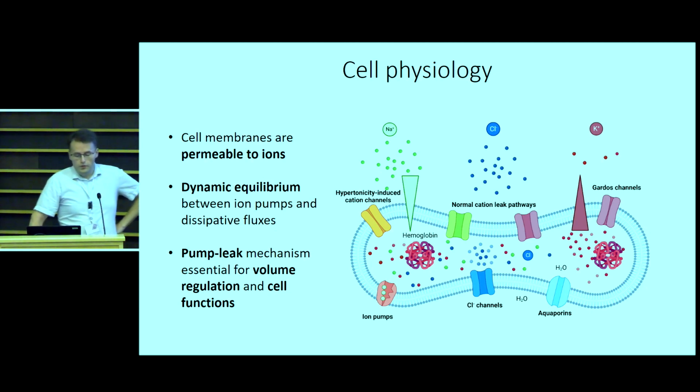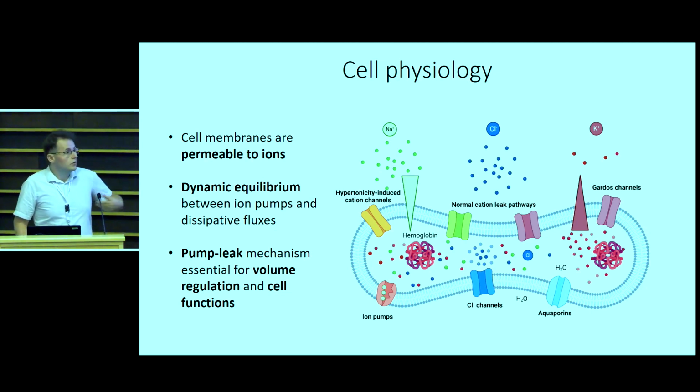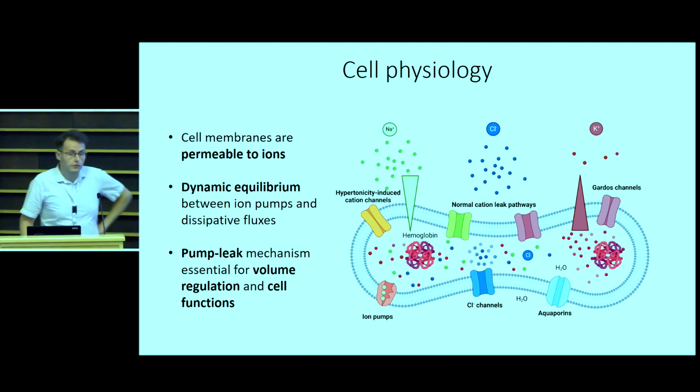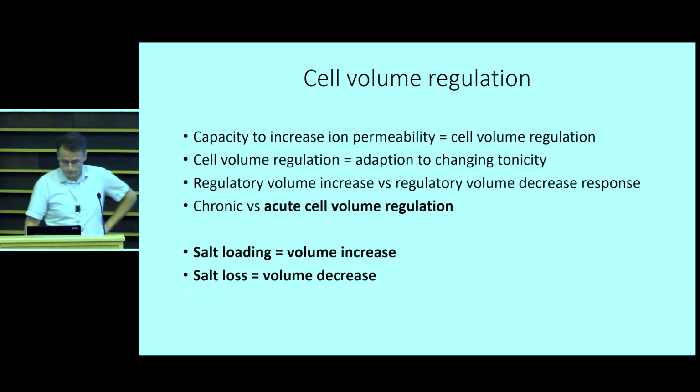This equilibrium allows cells to maintain the normal isotonic cell volume as well as to store energy for performing many cellular functions. Cells also have the capacity to increase the ion permeability of the plasma membrane substantially, which allows them, besides other things, to accomplish cell volume regulation.